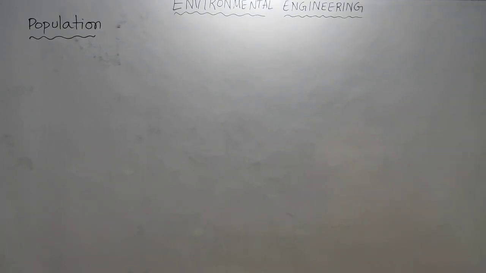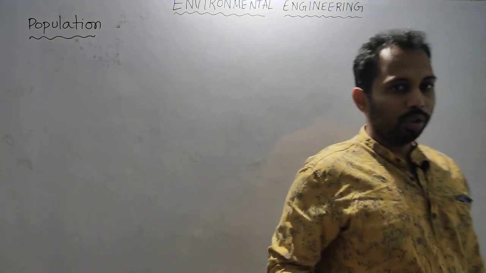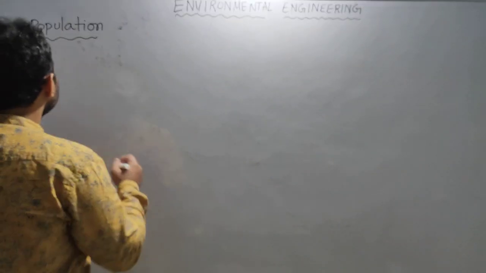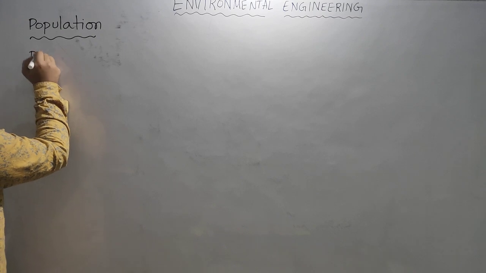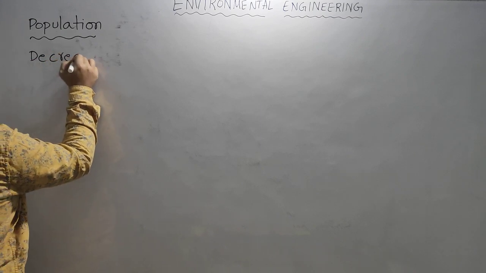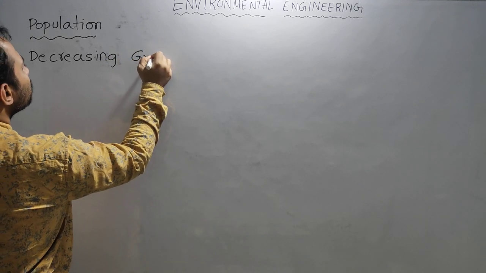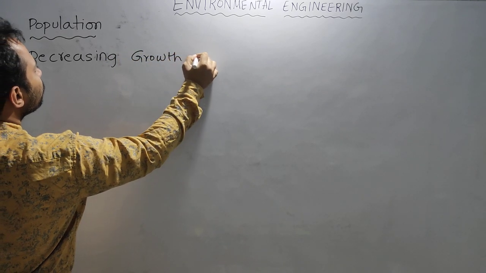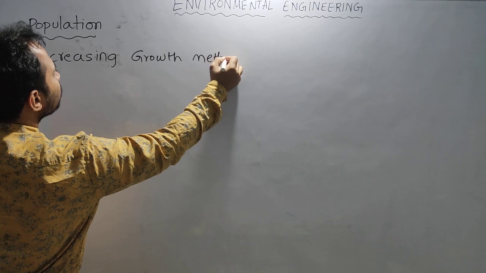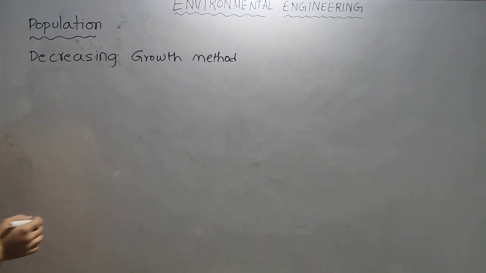In the decreasing growth method also the population increases, but the rate of growth decreases.